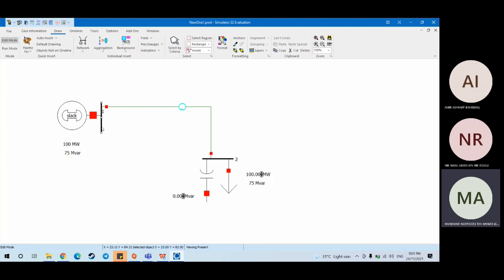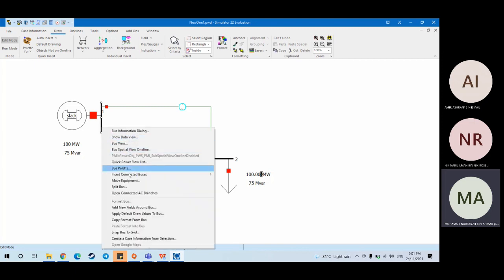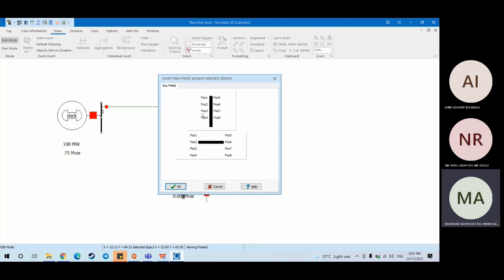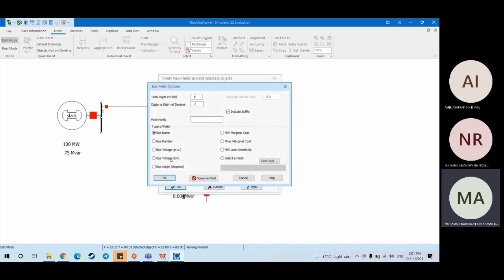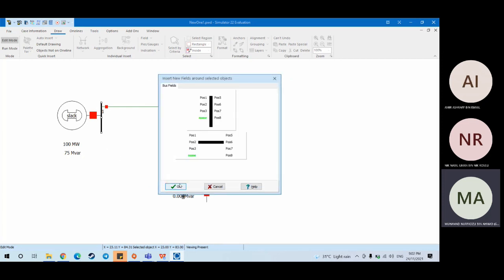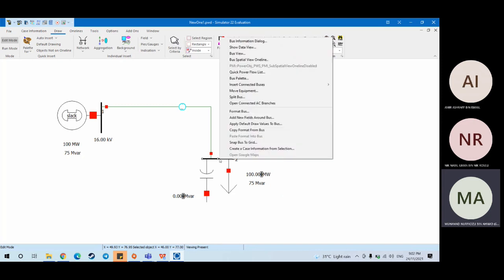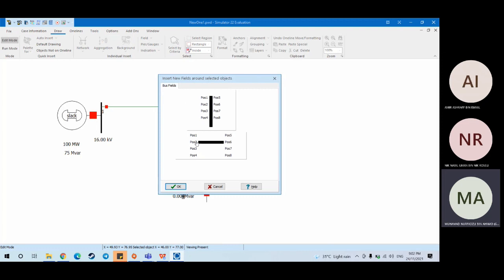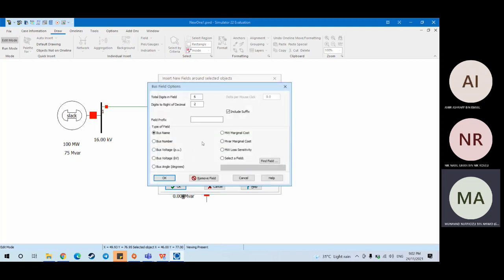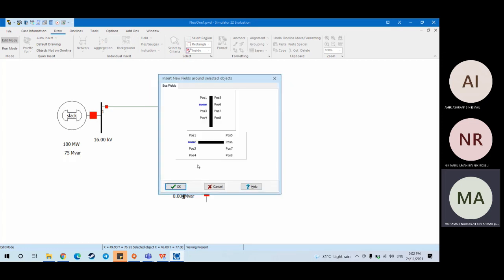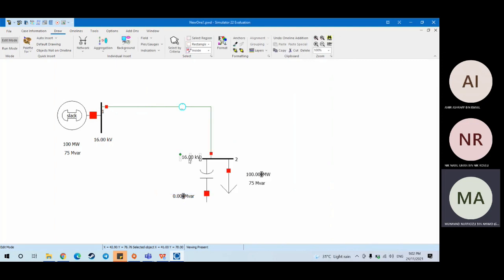And the value of bus voltage in kilovolt, same with the second bus. Okay, that's all.